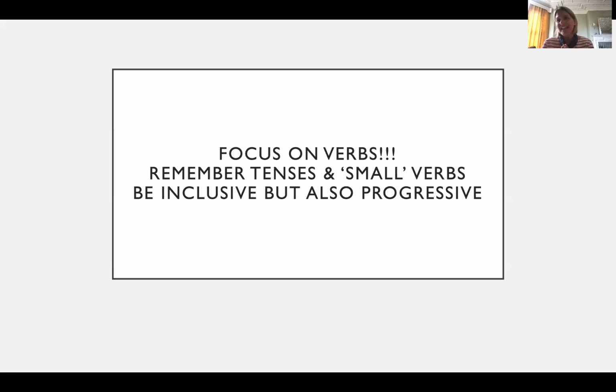A really simple but easy win is also to shift your focus onto verb vocabulary. So if you are thinking about your learning environment, as a team, look at your learning environment. What are the verb opportunities that your home corner creates?